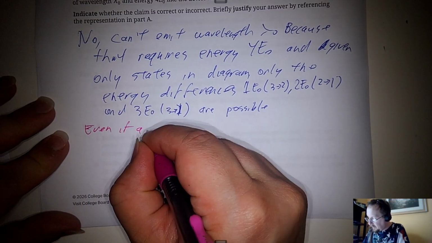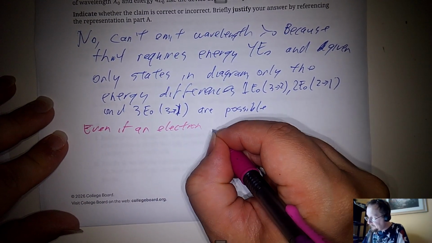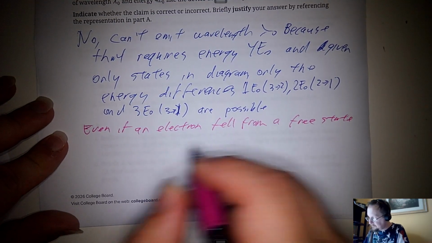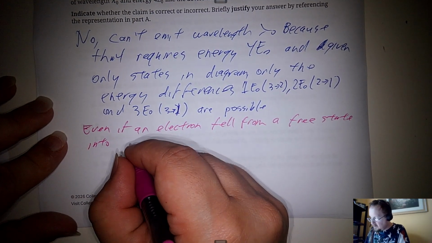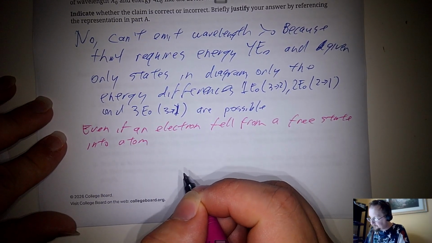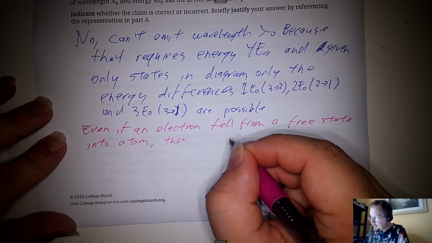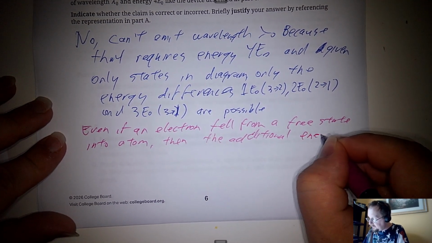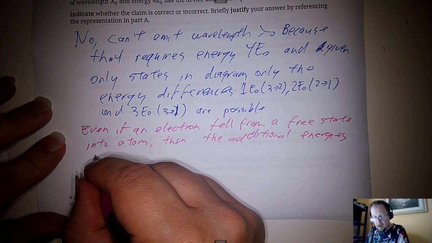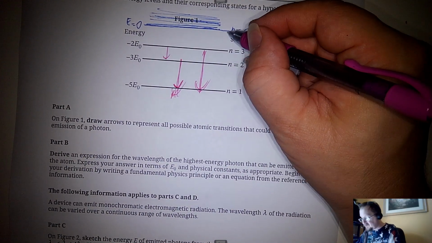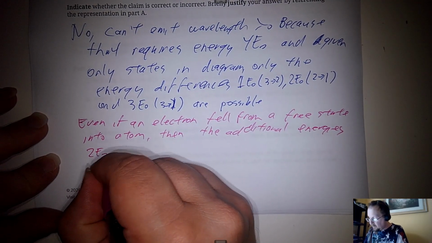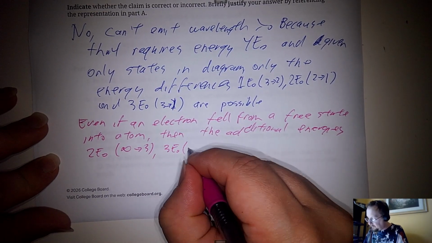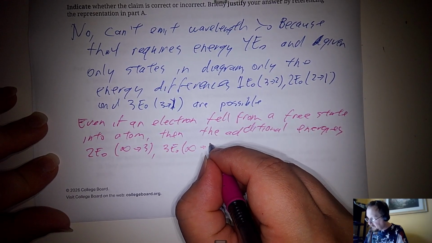Even if an electron fell from a free state into the atom, then the additional energies, let's see, from 0 to 2, 0 to 3, 0 to 5: 2E naught, that's infinity to 3. 3E naught, that would be state infinity to state 2.